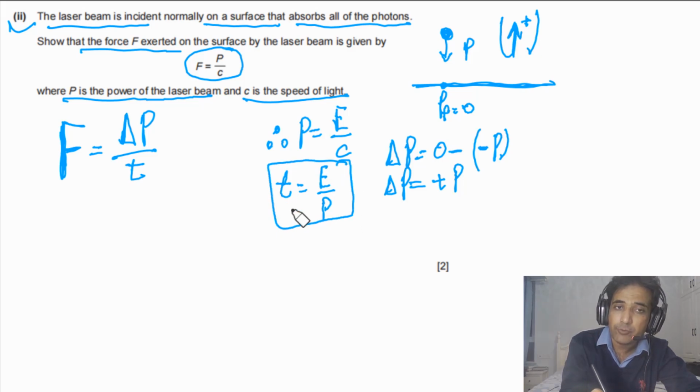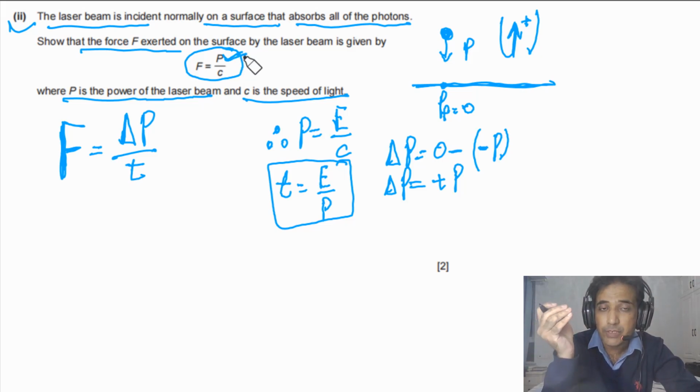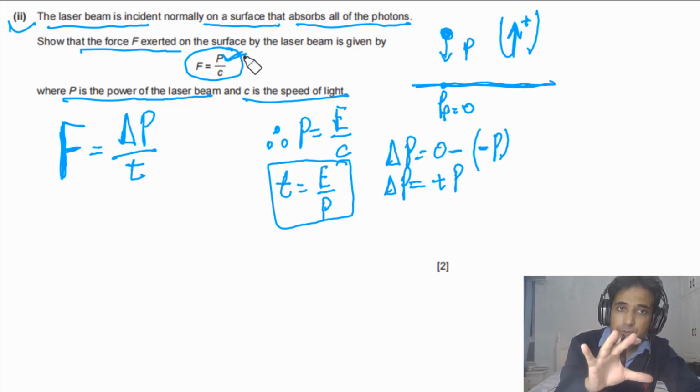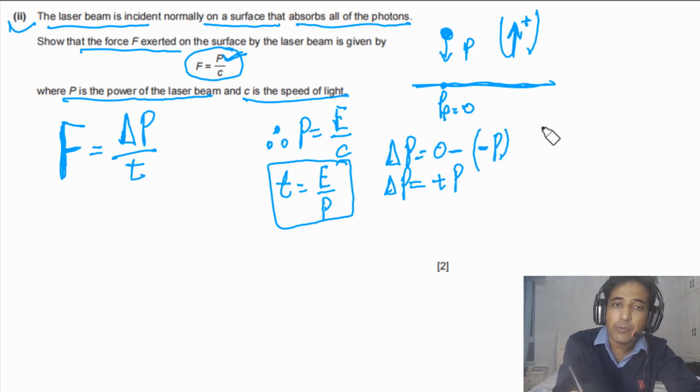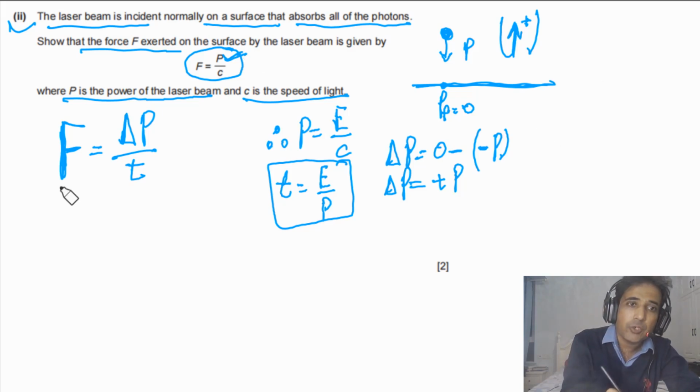How do I know I have to use this equation for time? Because in the final answer I need the power of the laser beam. We have also discussed this point before. T is equal to E over P because power is equal to energy over time. Now we can simply plug in these two equations.